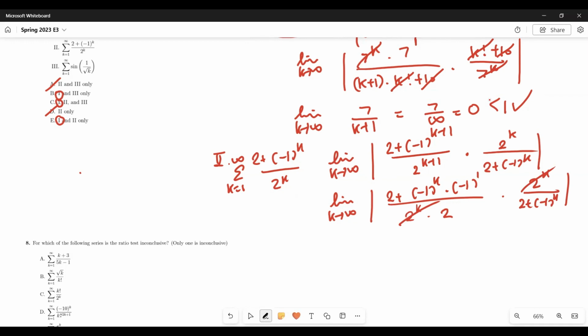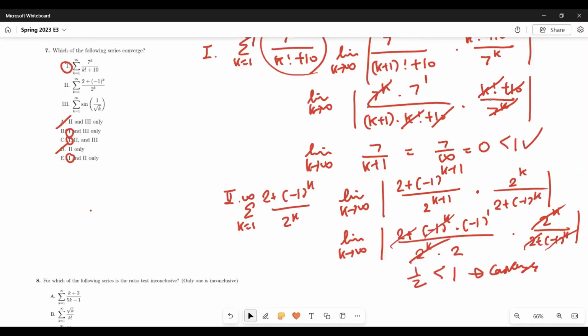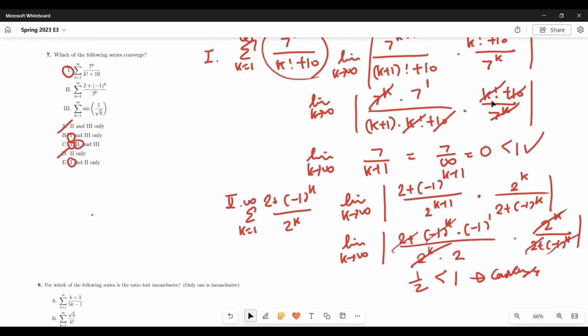And then negative 1 to the k will also be cancelled out, plus 2 will be cancelled out. So we're just left with negative 1 over 2, which in absolute value means 1 over 2. This is less than 1, so you can say that it's also converging. Okay, I like that. That means 1 and 2 are right, so B is not going to be the answer, so it's going to be C or E. So the third one.